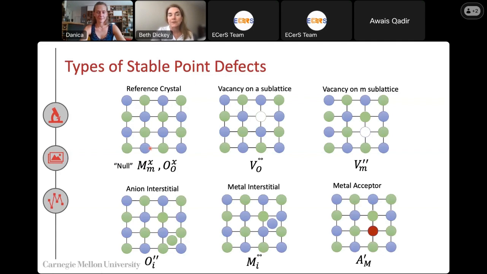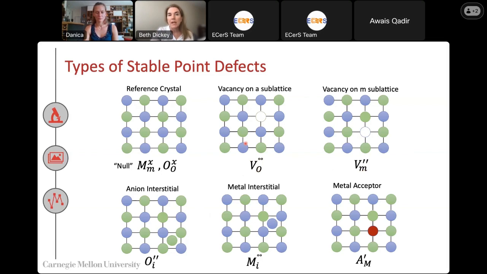If we have a reference crystal of a metal oxide, 2- anion, 2+ cation, we'll be using Kroger-Vink notation, where if we have, for instance, a vacancy on the oxygen sublattice, that's denoted by a V for vacancy, and the sublattice is either O for oxygen, or in the case on the right, M for metal. And then the relative charge of the defect is indicated in the superscript. So if we have oxygen, which typically has an oxidation state of 2-, if that site is vacant, then it has a net positive charge. So this is the notation that we'll be using.